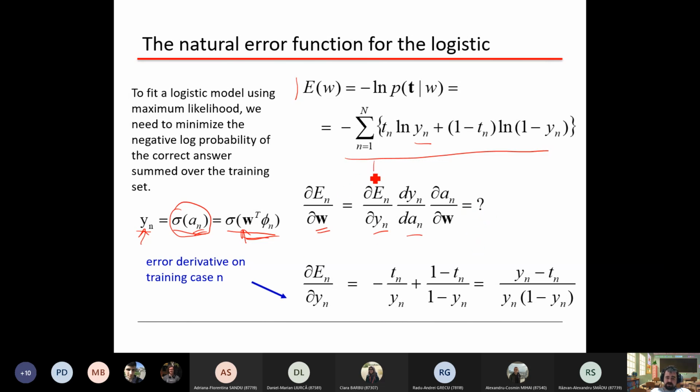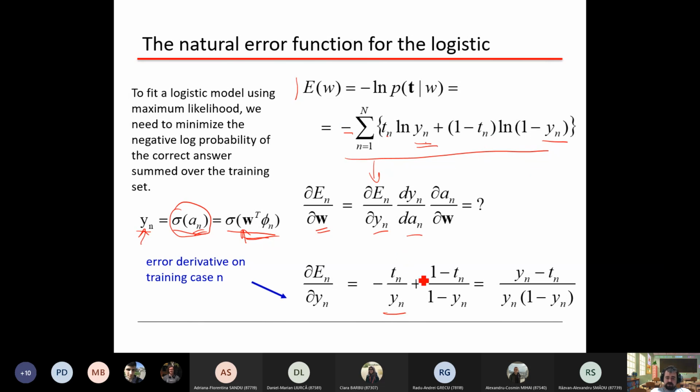And now we have to evaluate this chain of derivatives. We'll start with this first derivative, which is easier to identify. If we differentiate this term with respect to yn, we have this minus from the front, minus tn divided by yn, plus 1 minus tn multiplied by minus 1, because we have minus yn that is differentiated to minus 1.